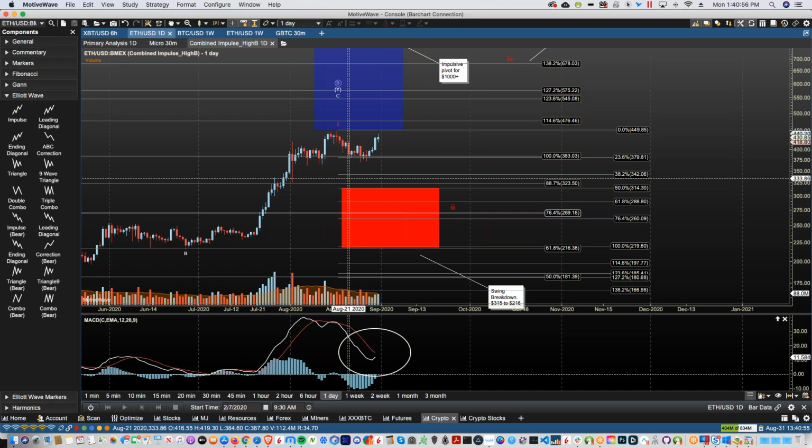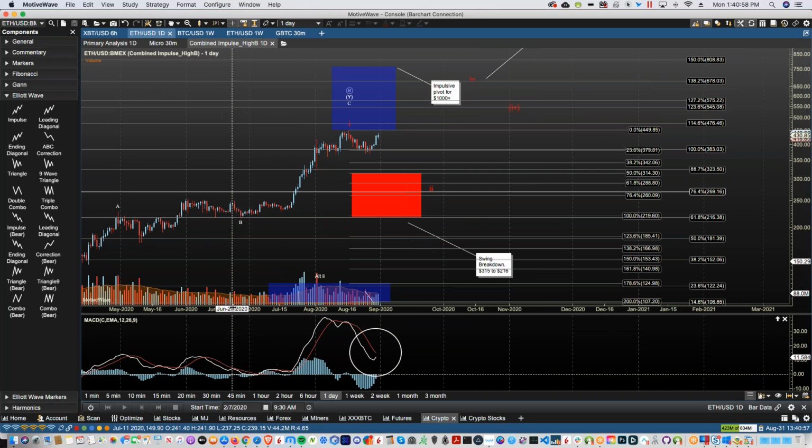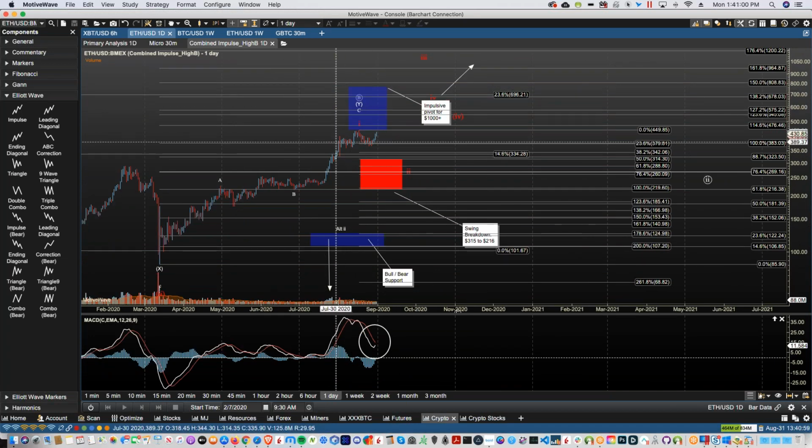Okay, now Ether, it's very much a lot of the same parameters in terms of whether we're in a B wave top, but Ether is interesting because it hit a point of symmetry much quicker than Bitcoin, where Bitcoin doesn't hit what we call symmetry until it hits 20K. We also call it the A equals C sometimes because the C equals the A, and that's a corrective pattern.